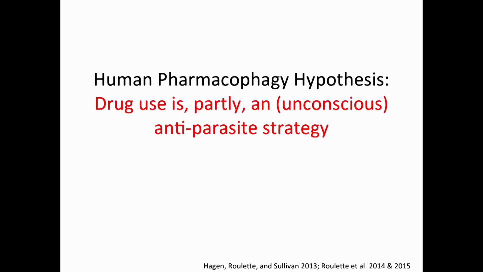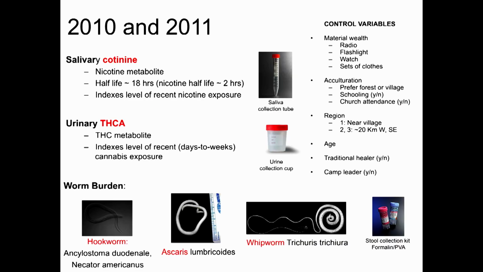So we tested this hypothesis that maybe drug use is kind of an unconscious form of self-medication against parasites. This was 2010, 2011. We did this for both tobacco and cannabis. We measured salivary cotinine; they provided 3 saliva samples over a week.